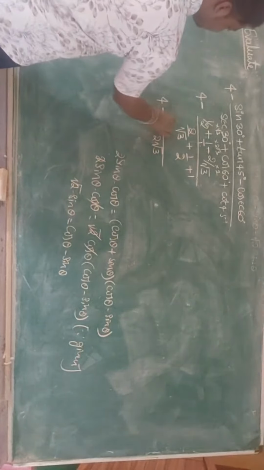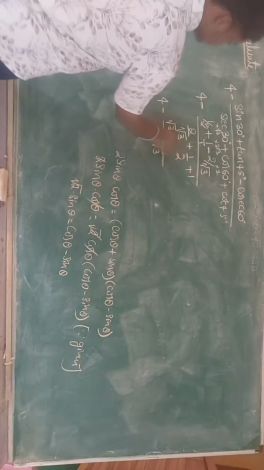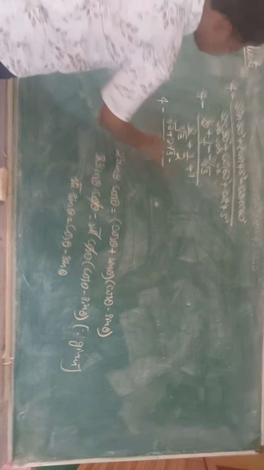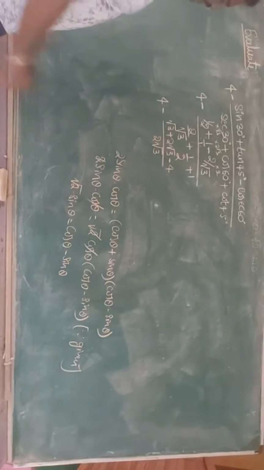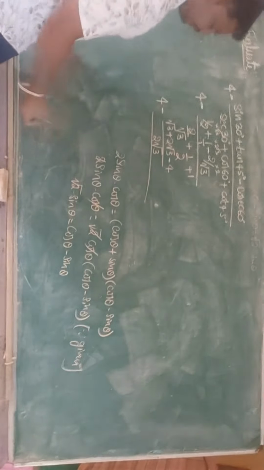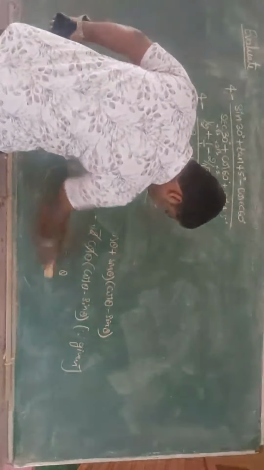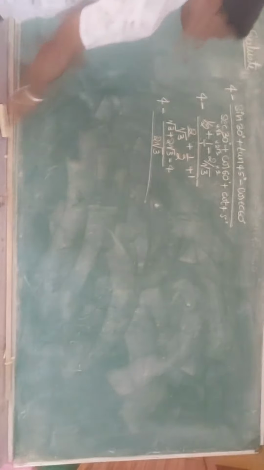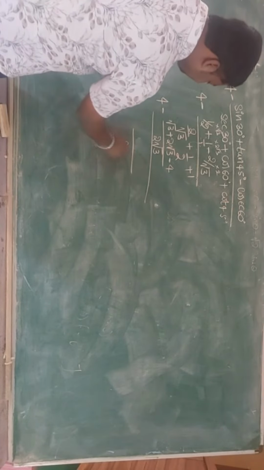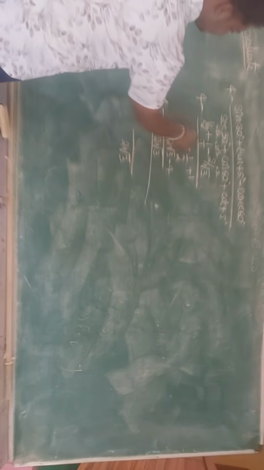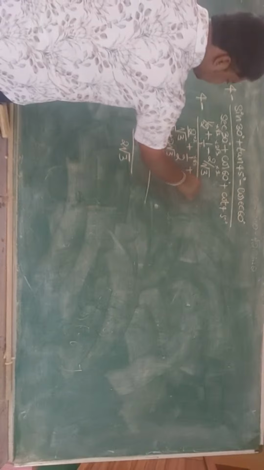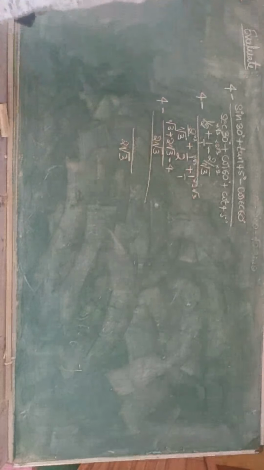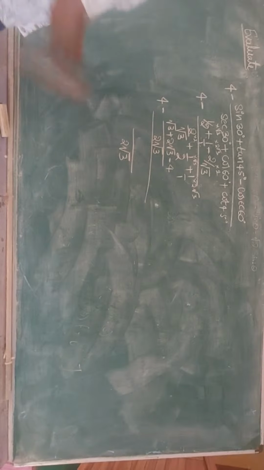Root 3 into 1 is root 3 plus 2 root 3 minus 2 twos are 4, divided by 2 root 3, whole divided by the same. Again the LCM is 2 root 3. Root 3 twos are 2 root 3, and 1 is in the denominator, so 2 root 3. Now 2 twos are 4.